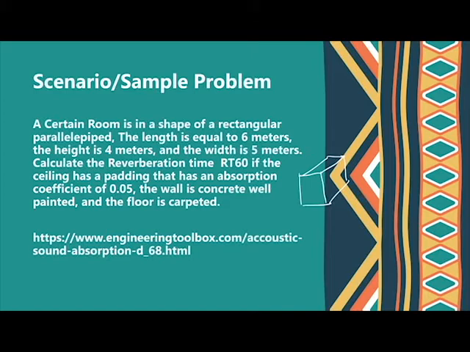Before that, we have a website, https://engineeringtoolbox.com, which contains all of the acoustic sound absorption coefficients. For concrete and carpeted, that is only described, which means there is another coefficient. So how do we solve that?